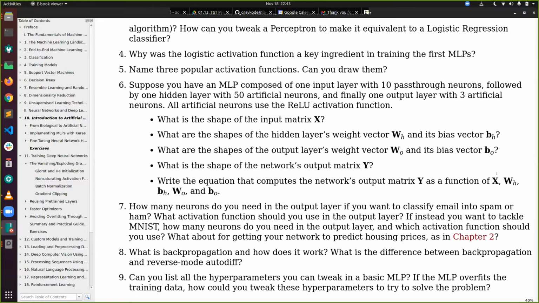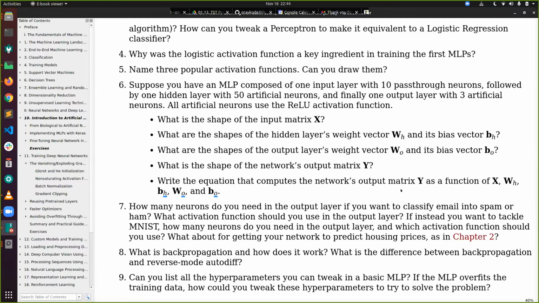Write the equation that computes the network's output matrix Y as a function of X, WH, BH, WO, and BO. You want to go for that? Sure, give me a second. So Y should be equal to your activation function, which let me call phi for now, of X WH plus BH, and then multiply all of that by WO plus BO.